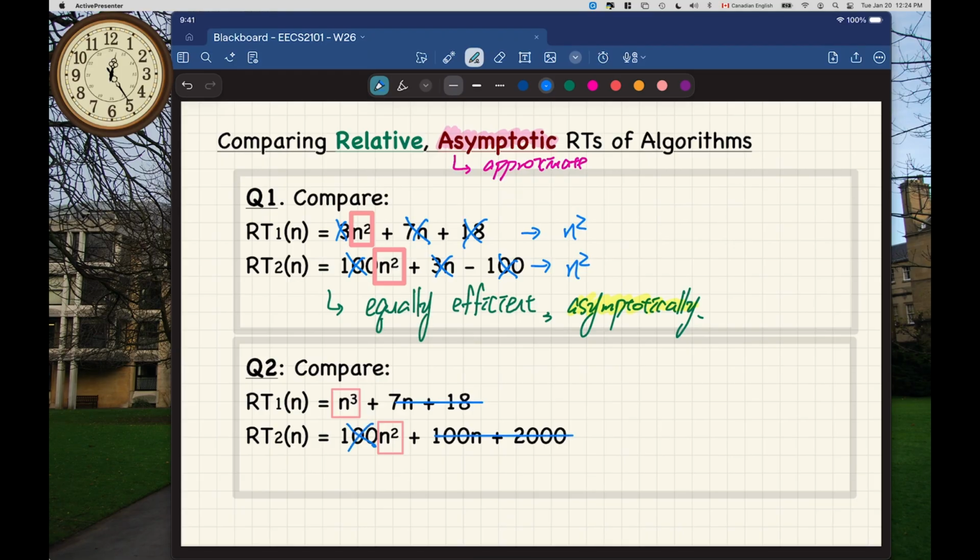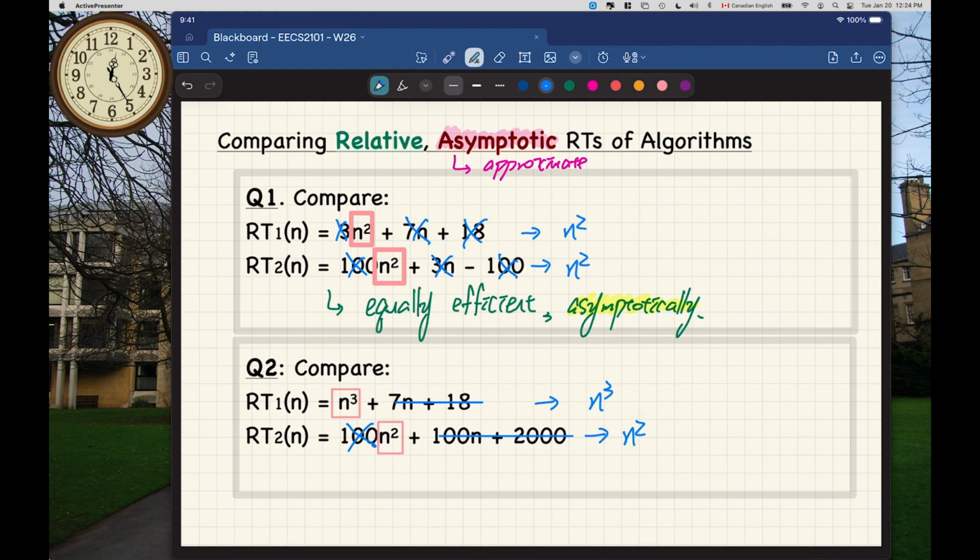So this will be n to the power 3, and this will be n to the power 2. Now, to see which one is more efficient, we want to see which running time function grows more slowly towards the limit, towards infinity. So which one is more efficient? This one here.